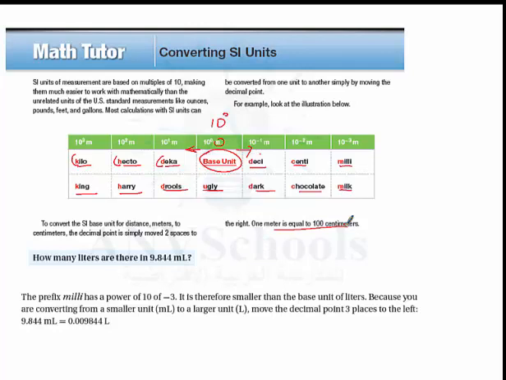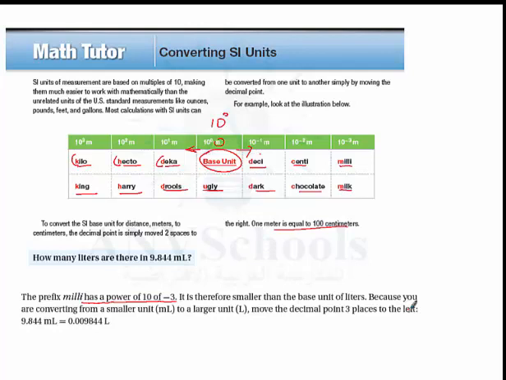The decimal point here simply moved 2 spaces. So the prefix milli has a power of 10 of minus 3. It is therefore smaller than the base unit of liter, because you are converting from a smaller unit to a larger unit. Move the decimal 3 places to the left.